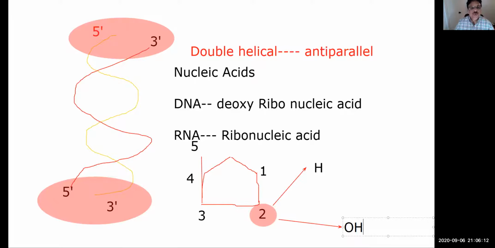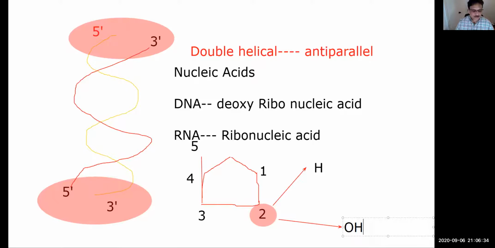And this creates two different worlds, DNA and RNA. So I repeat, DNA is deoxyribonucleic acid with a lack of oxygen on carbon number 2, and RNA has oxygen as an OH group on the sugar ribose.